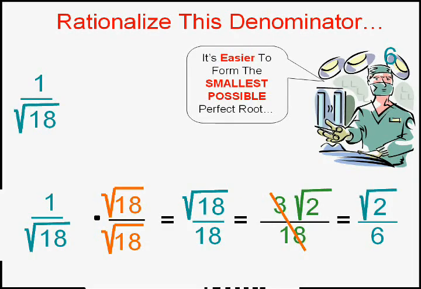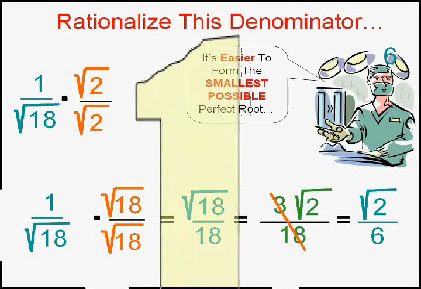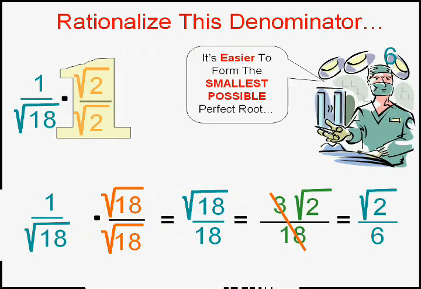Excuse me, Professor Brainiac. Let me give you an easier way, and then we said it from the beginning. Let's multiply by whatever it takes to make that 18 into the next highest perfect square. Well, the next highest perfect square that 18 goes into is 36. So if I multiply, of course I have to do it to the top and bottom. Whatever you do to the top, you have to do to the bottom.